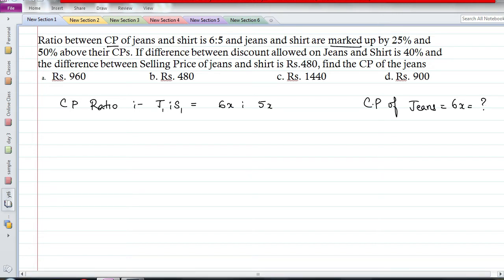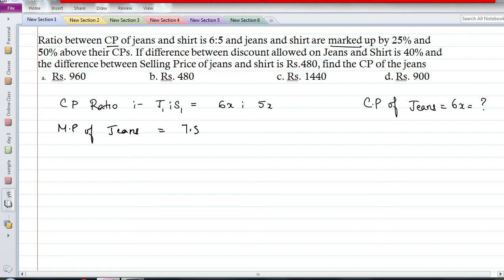So what is market price of jeans? It is 25% above the cost price. What is cost price of jeans? 6x rupees. 25% of 6 is 1.5. So that is extra. So that is the MRP of the jeans. So 6x plus 1.5x gives you 7.5x.